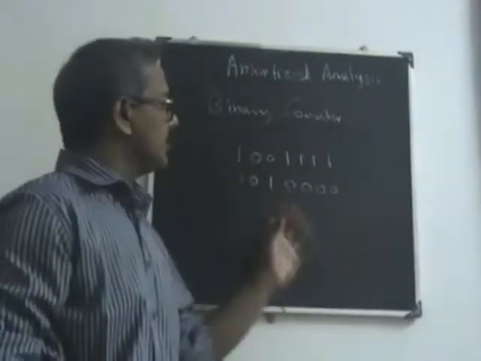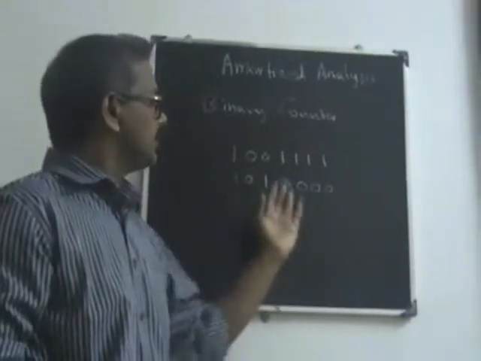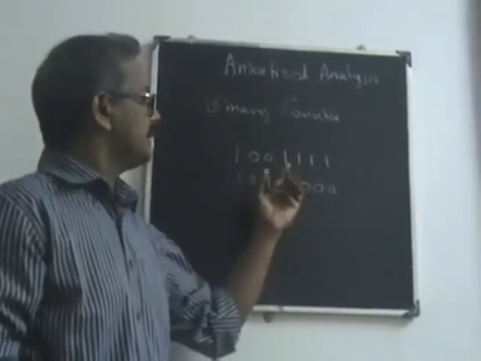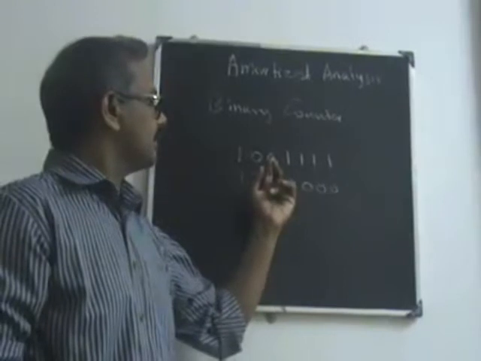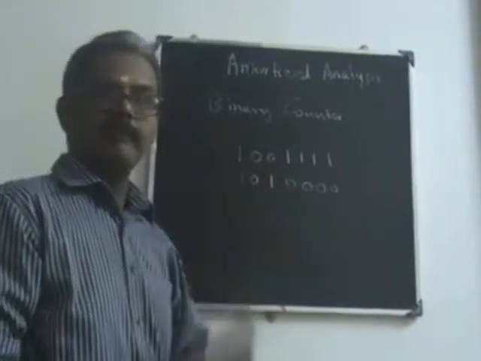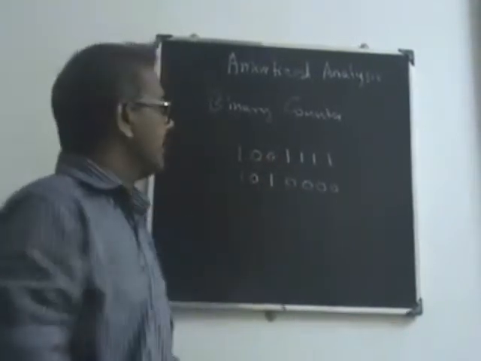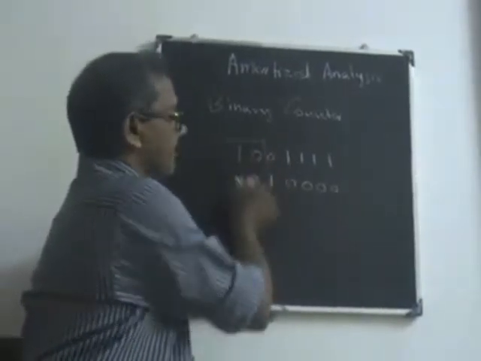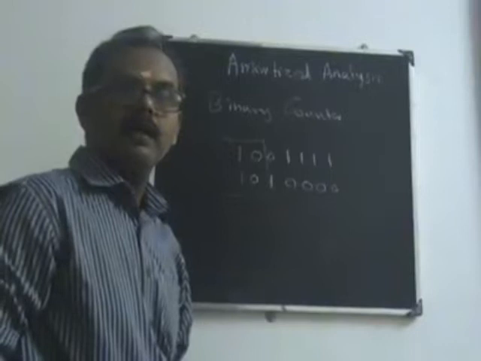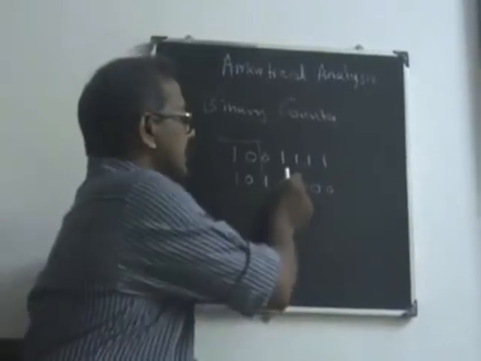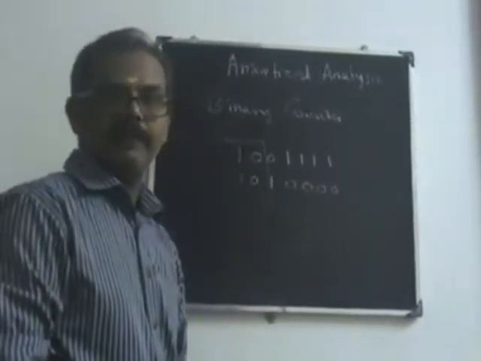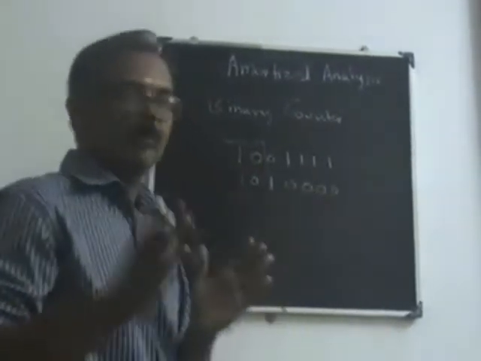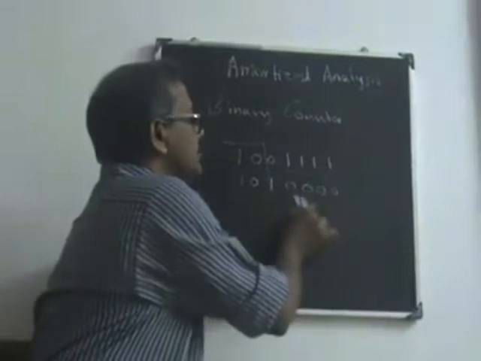So when we look at this particular example, some of the bits change from 1 to 0 and some of the bits change from 0 to 1. But remember that there is no change in this particular portion. Only the ones in the least significant position, the first few bits which have value 1, are changed to 0.